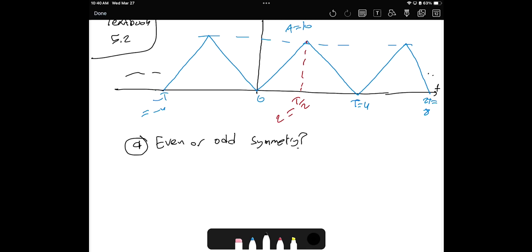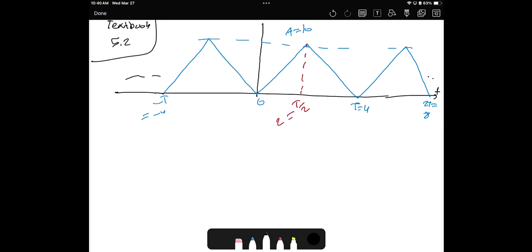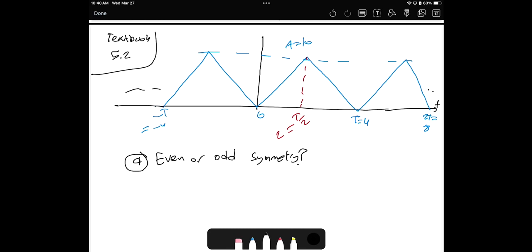What do you think? Is it even or odd? Even, because x of t and negative x of t are like a mirror. Since it's like a mirror on the y-axis, yes, it is even.